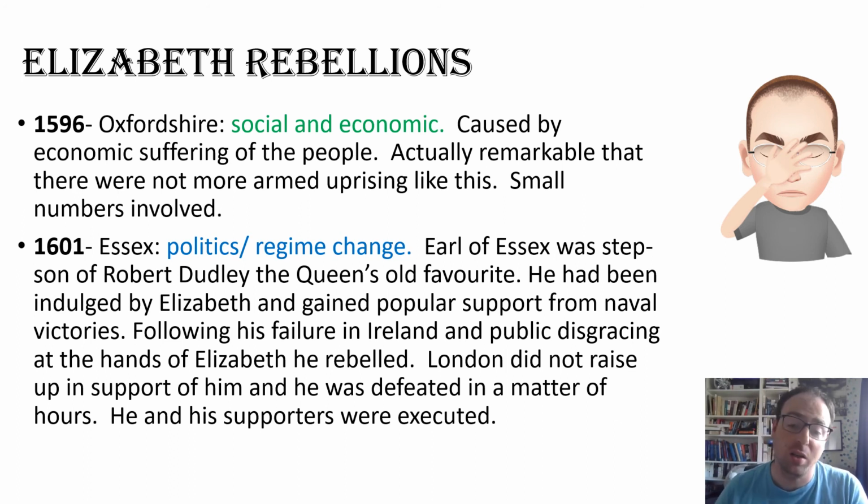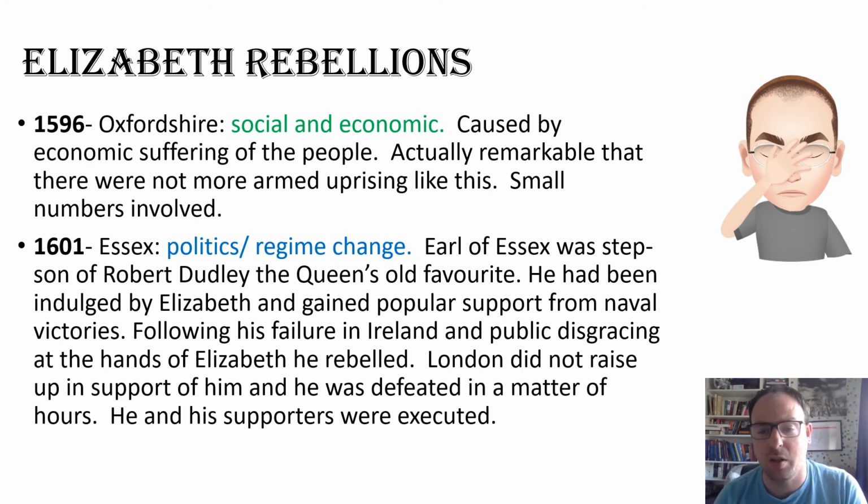And his particular focus was Robert Cecil, who was in control of Elizabeth's government, and Essex thought he was more popular than he actually was, and it all goes horribly wrong. He thinks London will rise up in support of him. It doesn't.